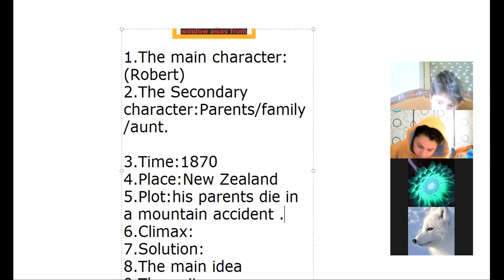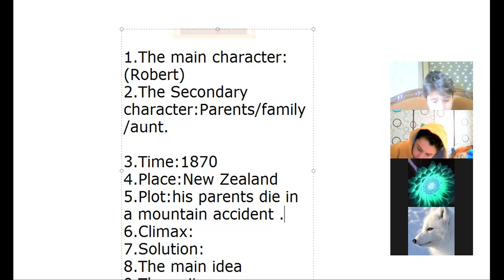It's not necessary if you write climbing accident. His parents die in a mountain accident. The general idea: we have a general plot. His parents die in a mountain accident.